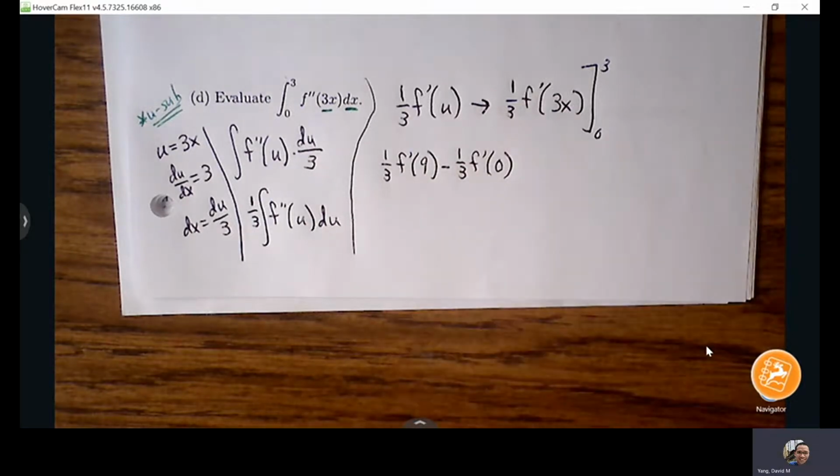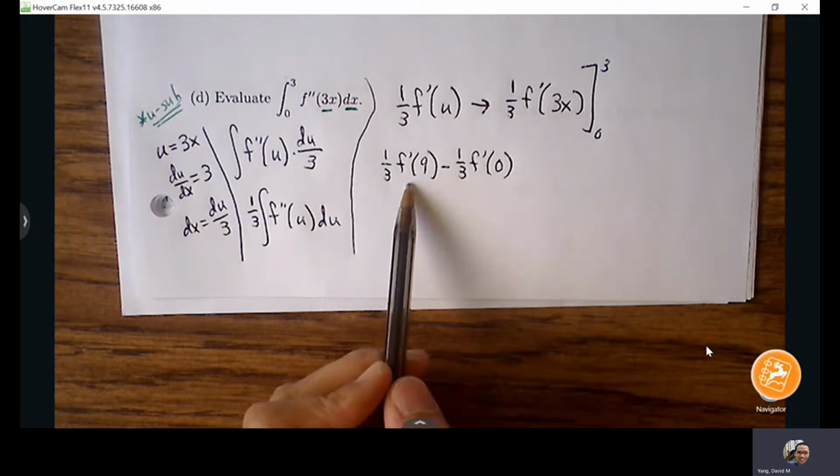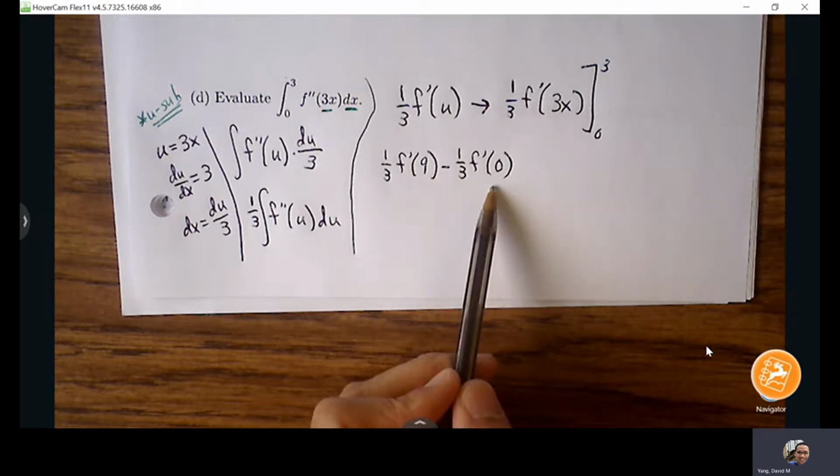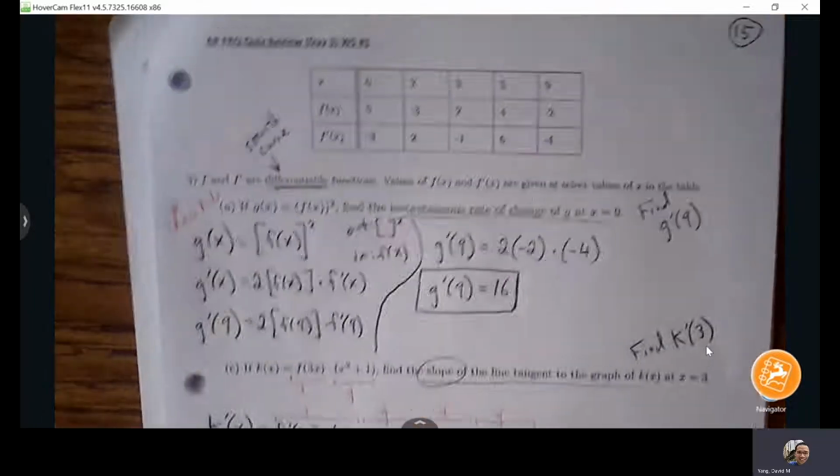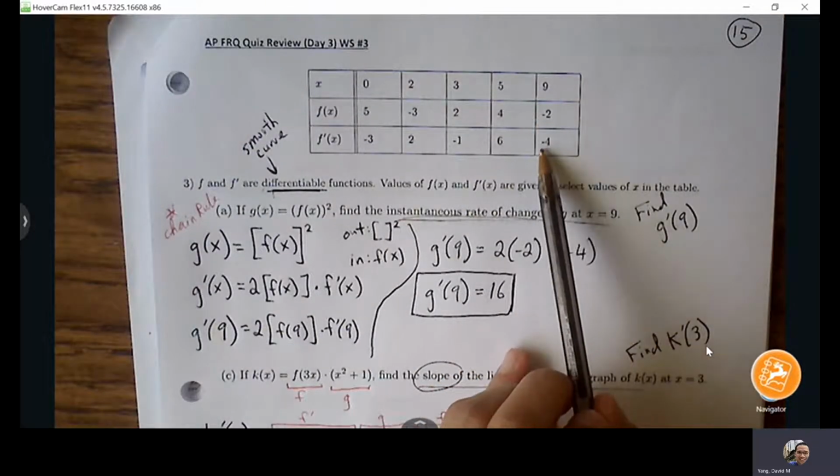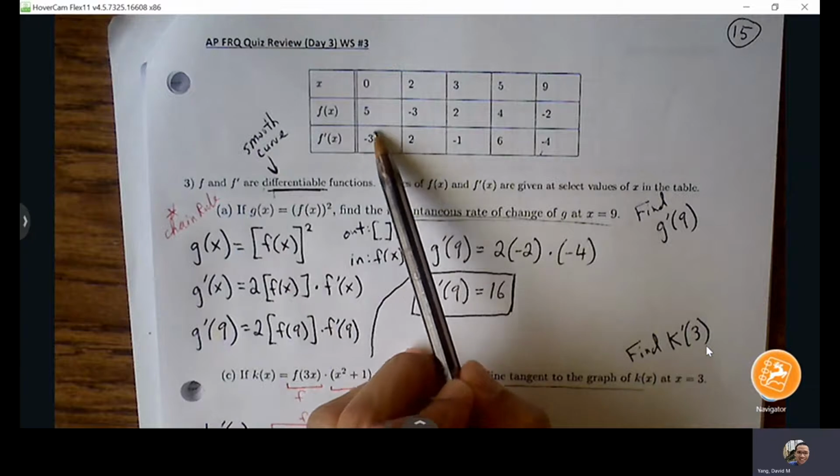And now you can pull from your table. Look at the table to find f prime of 9. Look at the table to find f prime of 0. Right, so f prime of 9, f prime of 0.